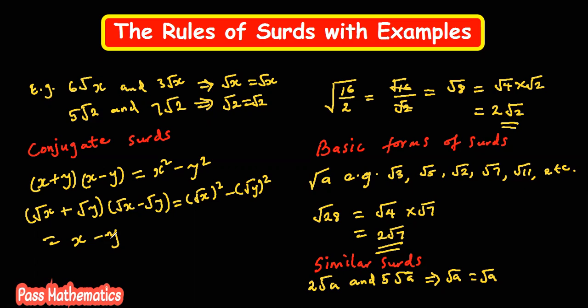So therefore, the conjugate of, let's take an example. I'm going to erase this. Let's say you have root 3 minus root 5. The conjugate of this is going to be the positive form, so that is root 3 plus root 5.